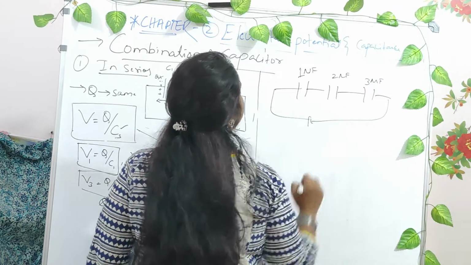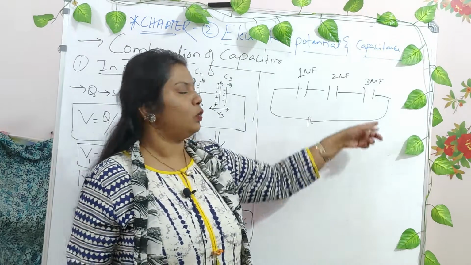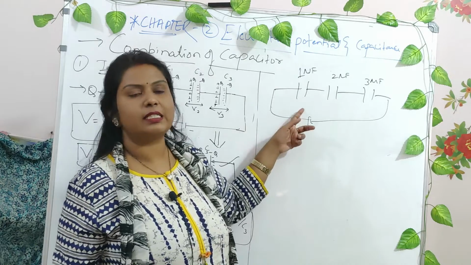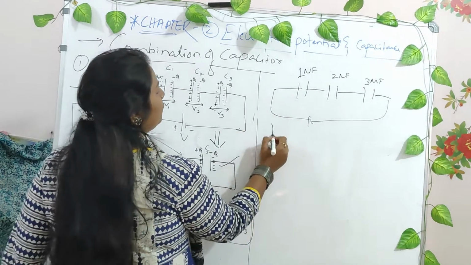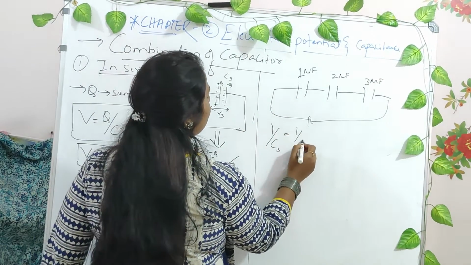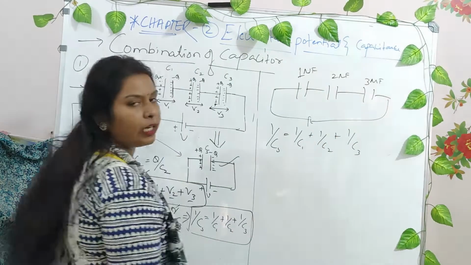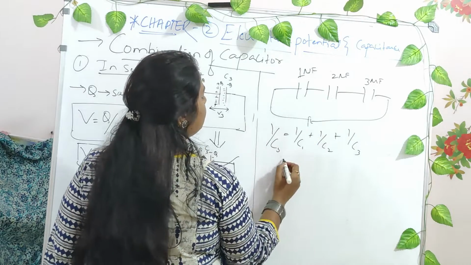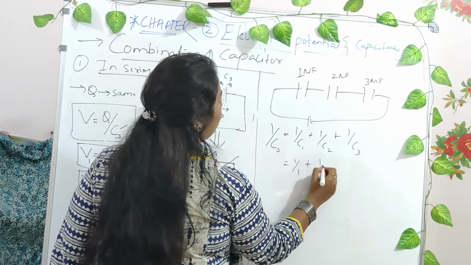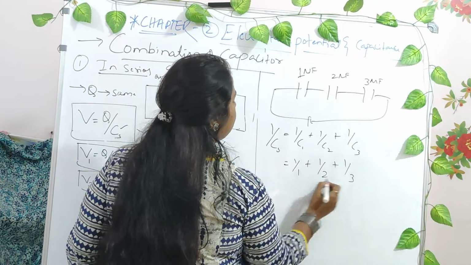Now if you want to find out the total or effective capacitance of this circuit, you use the formula 1 by C1 plus 1 by C2 plus 1 by C3, right? You put in all the values: 1 by 1, 1 by 2, 1 by 3.